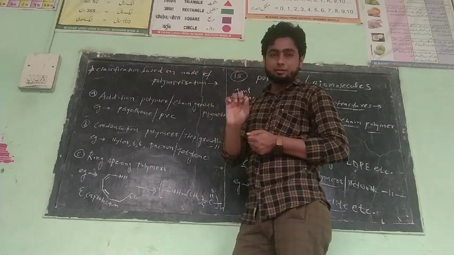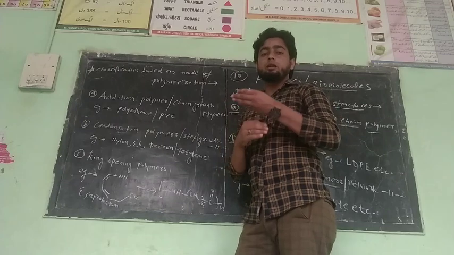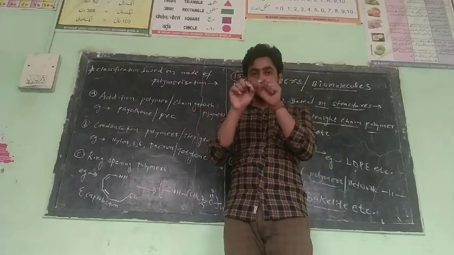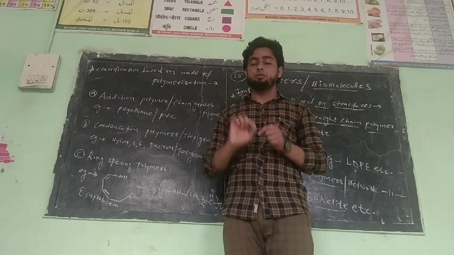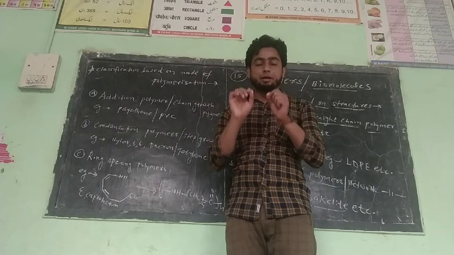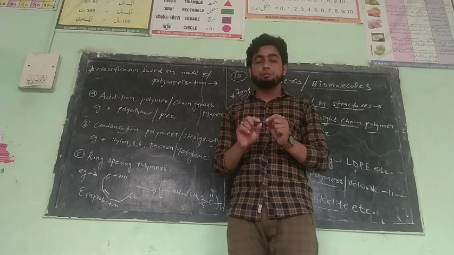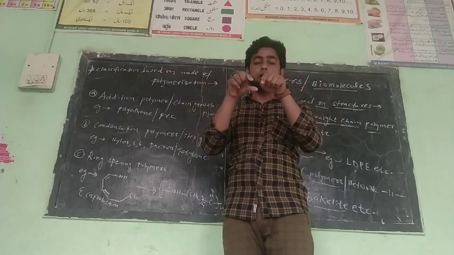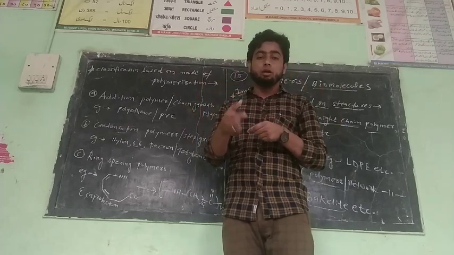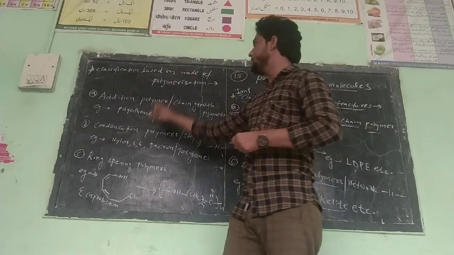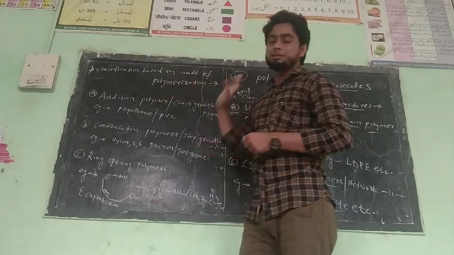The process in which same or different monomers... The process, question आता है एग्जाम में आपको. Define the polymerization. It is defined as the process in which same type of monomer or different type of monomer are joined together to form polymer. To form the polymer, that's why it is called polymerization.